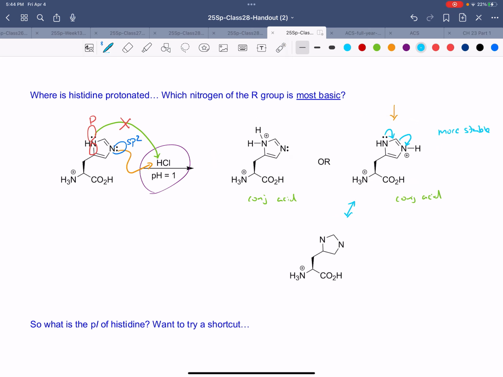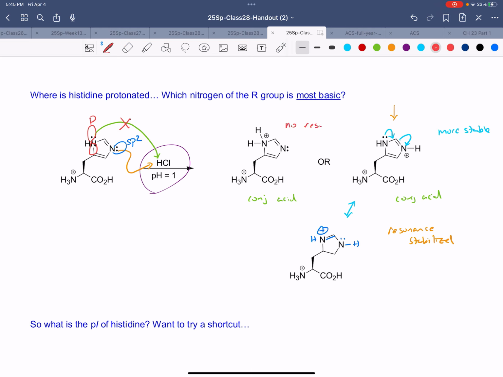And look what I have now. I'm going to fill in the rest. I have an H here. There's a double bond there. There's a positive. There's an H here, and a lone pair, not positive. That's resonance stabilized, meaning that the nitrogen here is more basic. This is what I should be drawing. I should not be drawing this. This one has no resonance. It's less likely to happen.